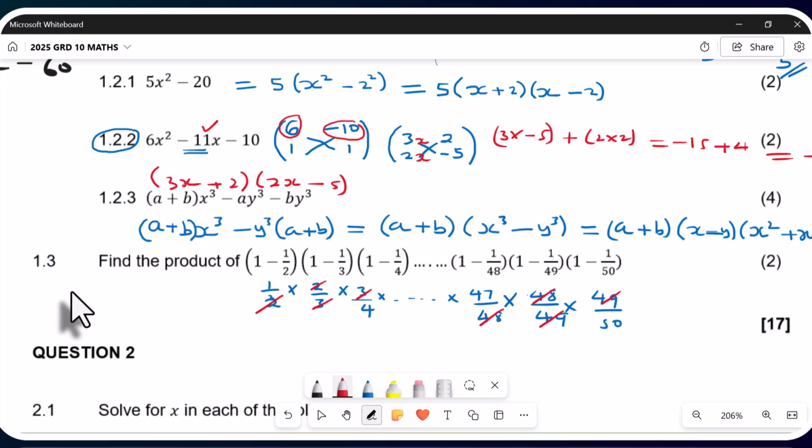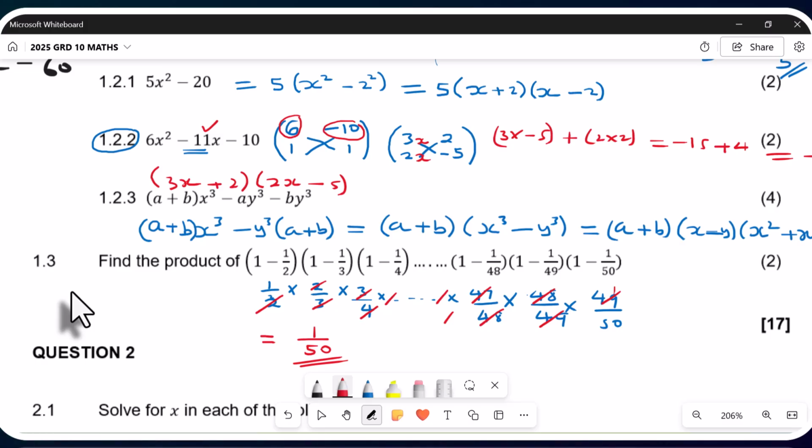You see the scenario, the trend. So here I'm going to have 1 times 1 times 1 times 1, again times 1, then times 1 out of 50, which gives me 1 out of 50. Are we together finally?